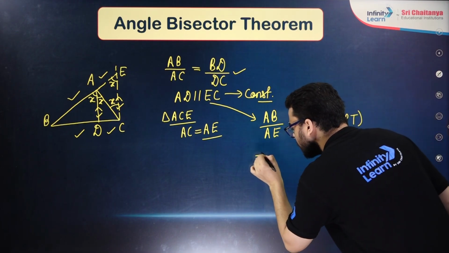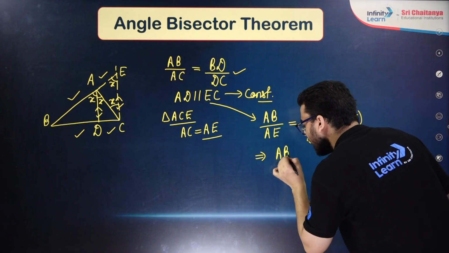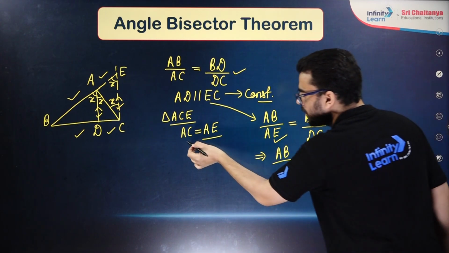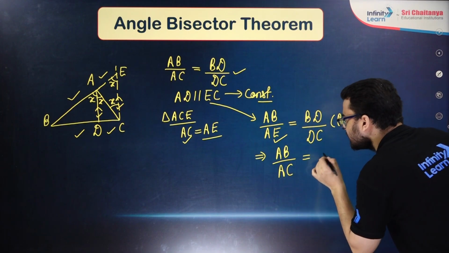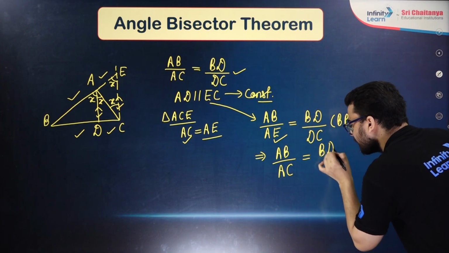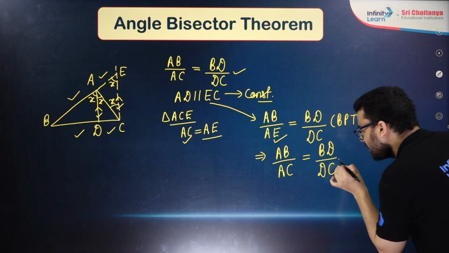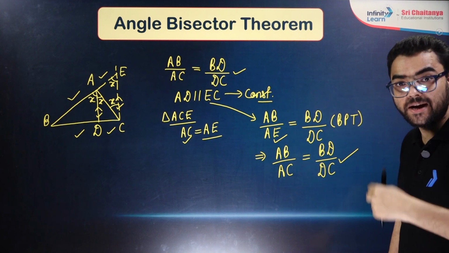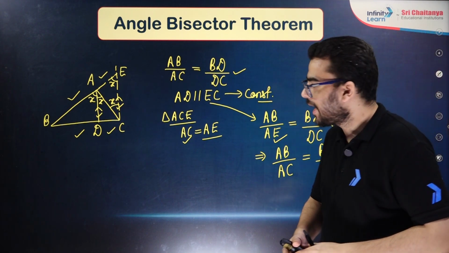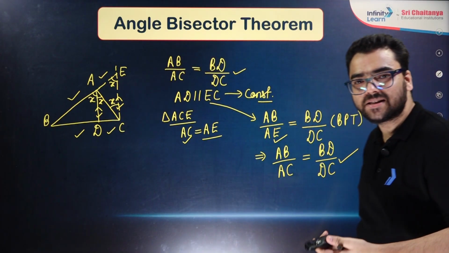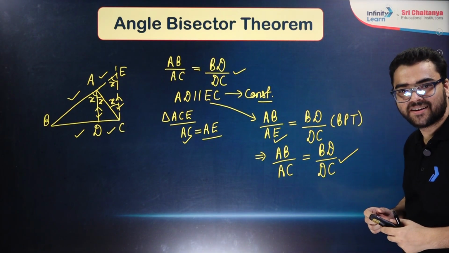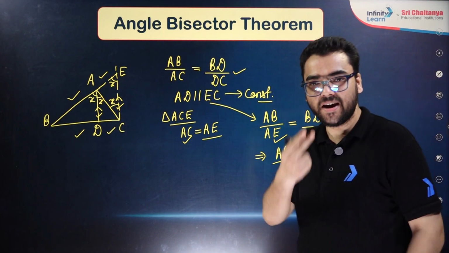The only thing you have to do over here is, in place of AE, plug in AC. So AB by AC is equal to BD by DC. And that proves the internal angle bisector theorem. Have we proved AB by AC is equal to BD by DC? That's it. That is the proof of it. That's a direct proof, right?